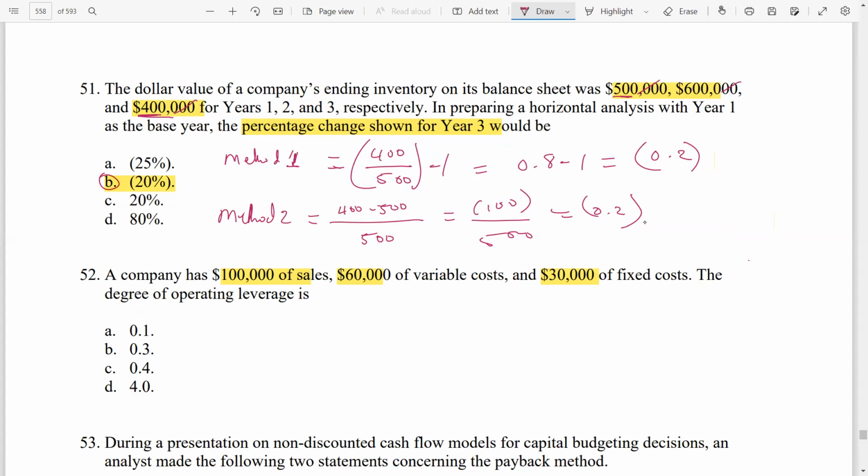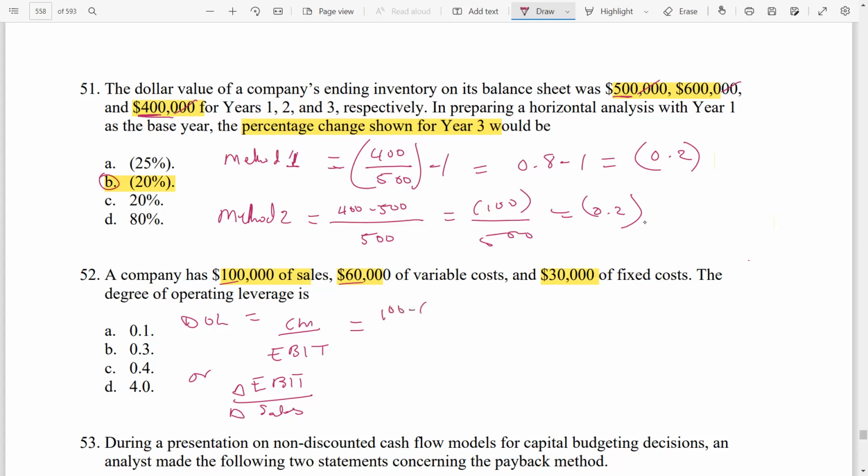What is degree of operating leverage? It's contribution margin divided by EBIT. Or if there are changes, we'd have the change in EBIT divided by the change in sales, but that doesn't seem to be what we're going to do. So we'll use contribution margin, which is sales minus variable cost.